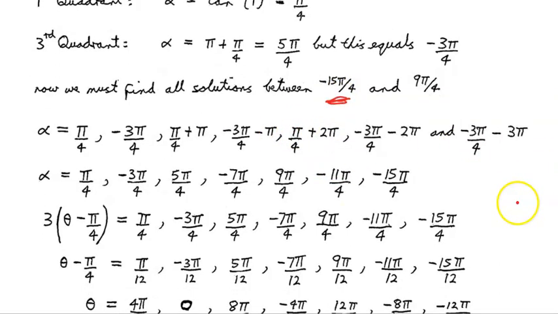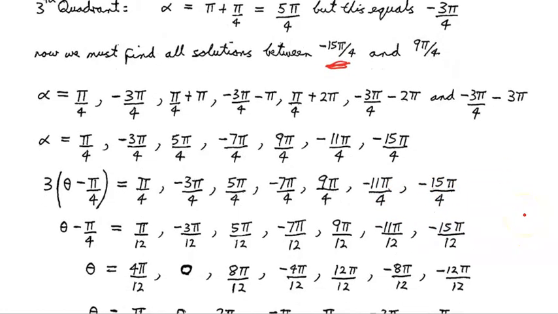Let's put that down now. Let's remove the alpha and replace it with our original argument, 3 times theta minus pi on 4, and transfer everything from the line just above down to here. Now step 1, we're going to divide by 3, so let's multiply the denominators by 3, hence the 12s underneath.